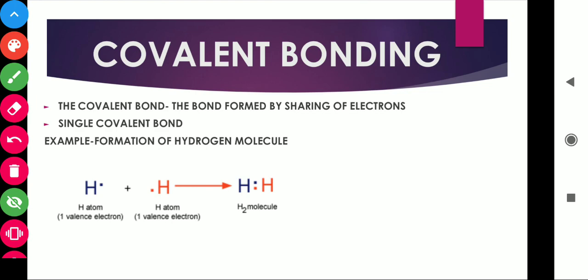We can discuss more examples. Let's take an example, that is fluorine. F has atomic number 9, means 2, 7. It means it requires a single electron to achieve inert gas configuration. Then how does the bonding take place?